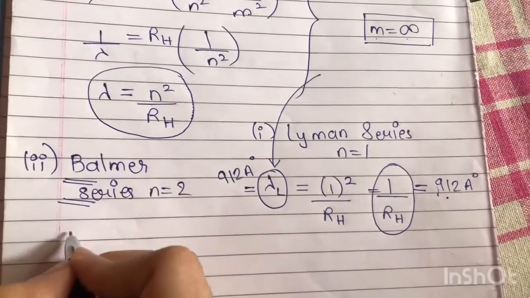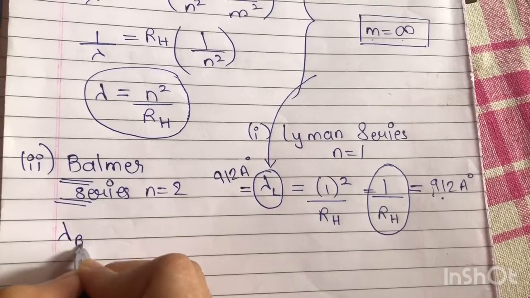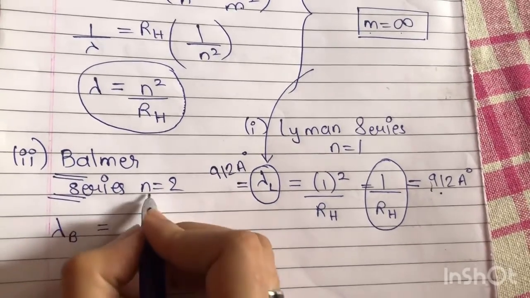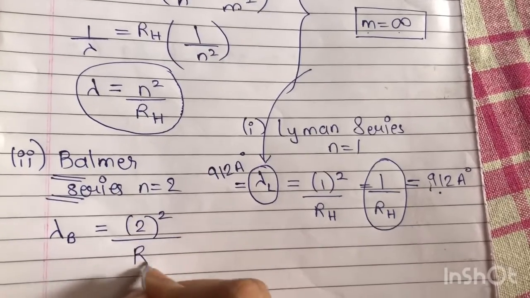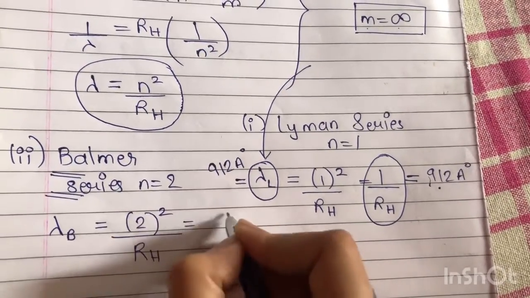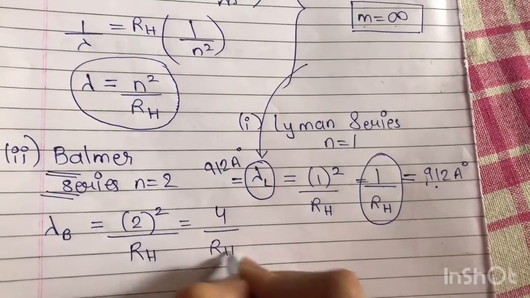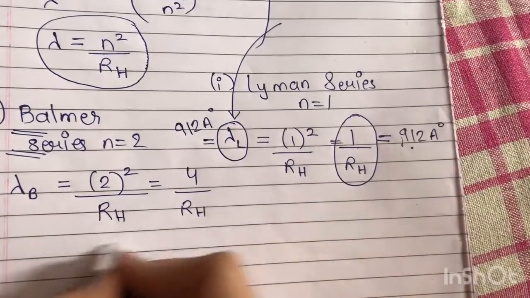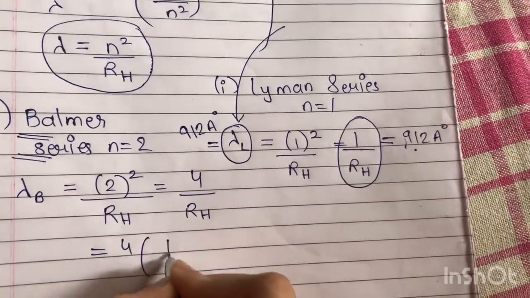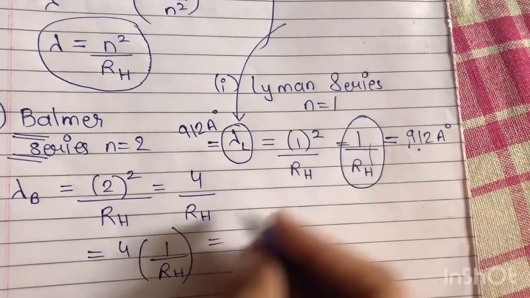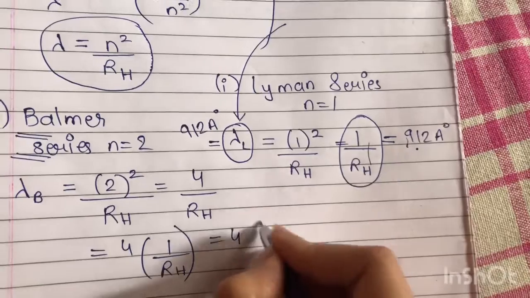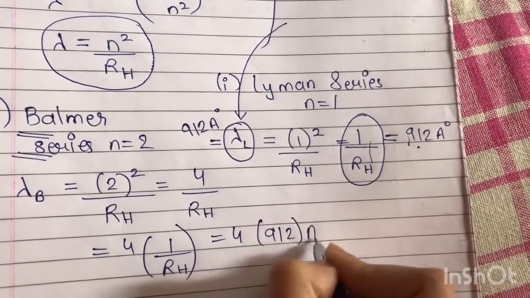Okay, now coming to Balmer series. For Balmer series, I'll write lambda B. Now for Balmer series, n is equal to 2, so 2 square upon Rh, that is 4 upon Rh. I can write it like this, that is 4 times 1 upon Rh. We have the value of this term, that is 912 angstrom.